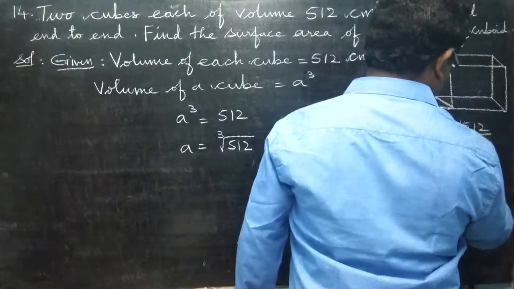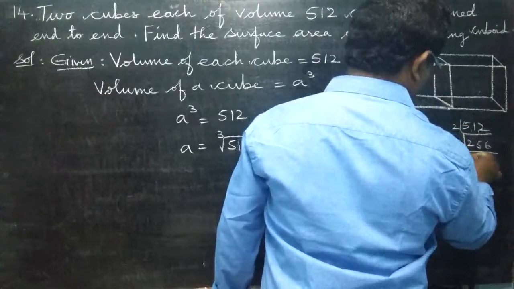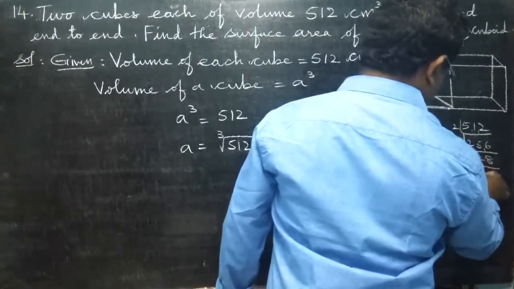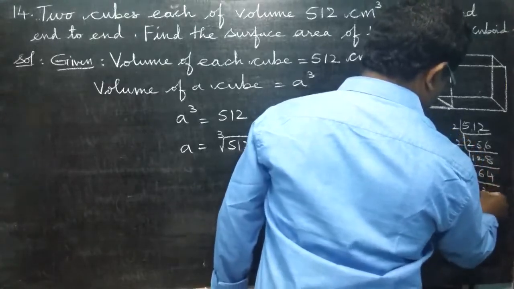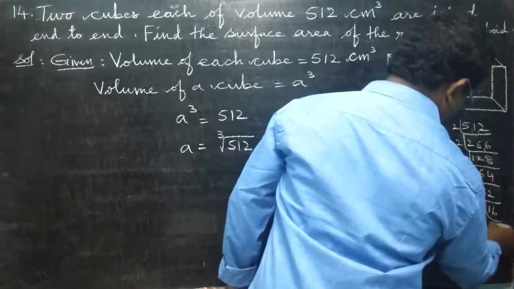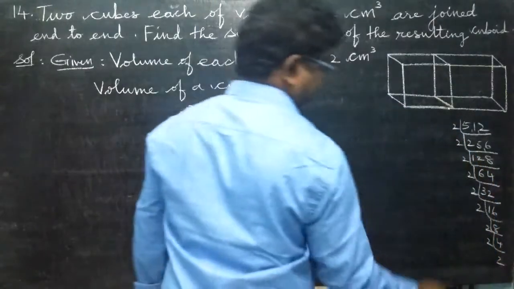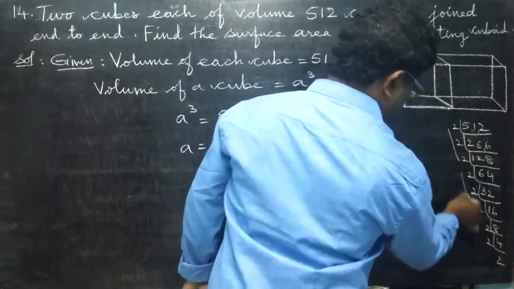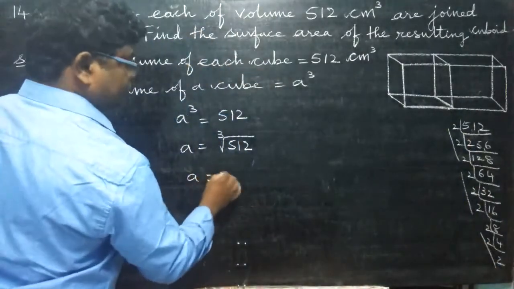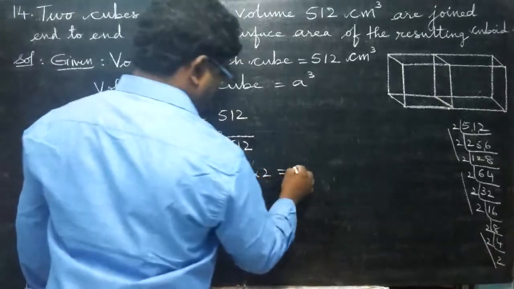512. 2 table goes. 2 2s are 4, 2 5s are 10, 2 6s are 12. 256, 128, 64, 32, 16, 8, 4, 2 times. For cube root, for every 3 2s, 1 2 you can write. a is equal to 2 into 2 into 2. 2 2s are 4, 4 2s are 8.